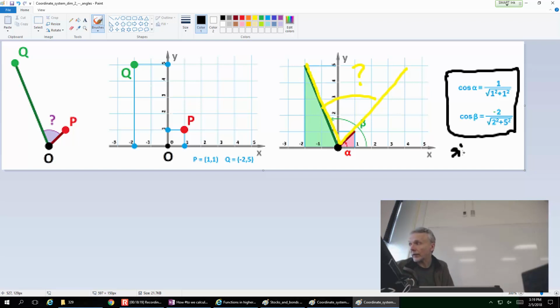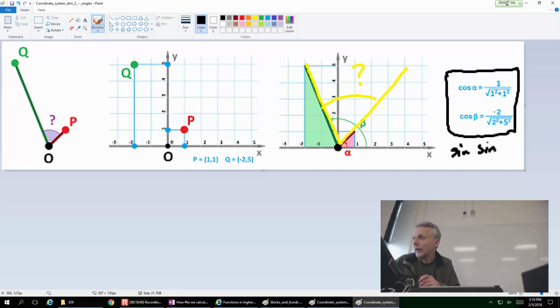I could also find the sines. In fact, I would need the sines of these two in order to produce what I'm after. I am after that angle over there, the yellow angle. Fortunately, there's a formula that expresses the cosine of the difference of two angles, right?